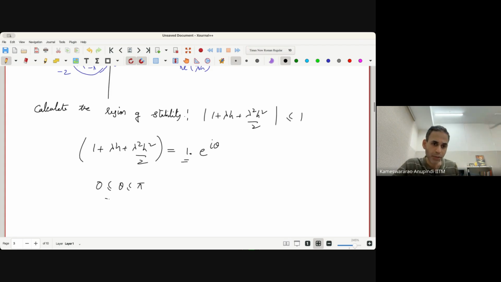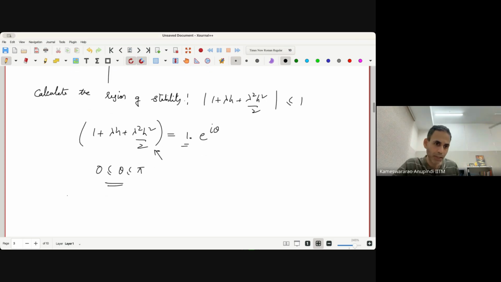Then solve this equation, essentially obtain the roots of the above equation for different values of theta.